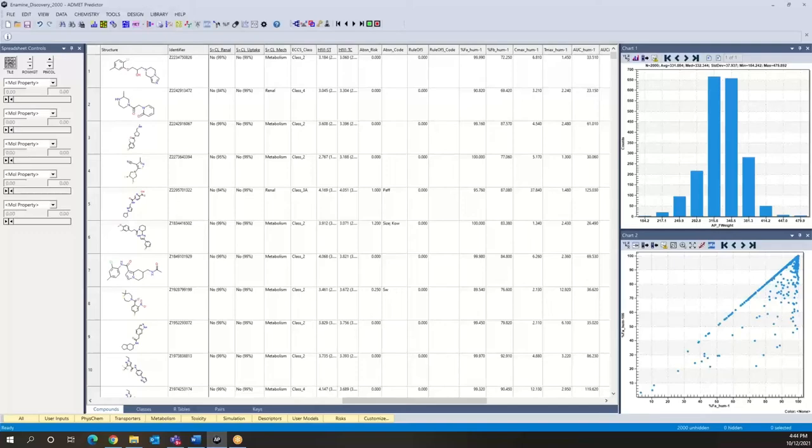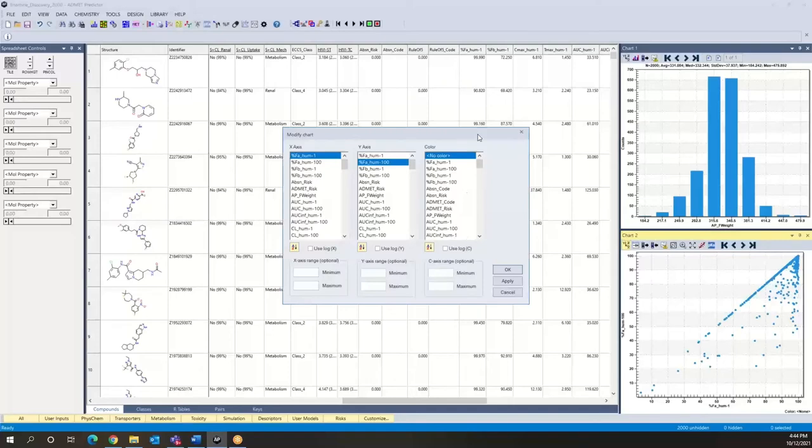So, and one of the things that we can easily do is actually color these compounds by solubility. And now you see the reason why we bothered to calculate some of these physical chemical properties as part of this exercise, is because they become really handy later on to analyze your data.